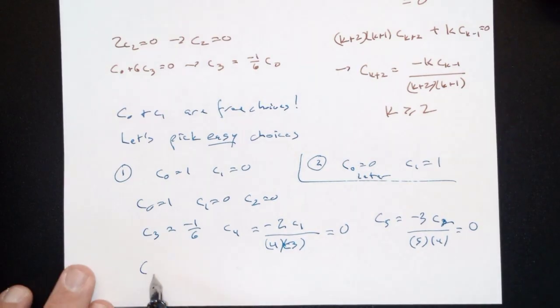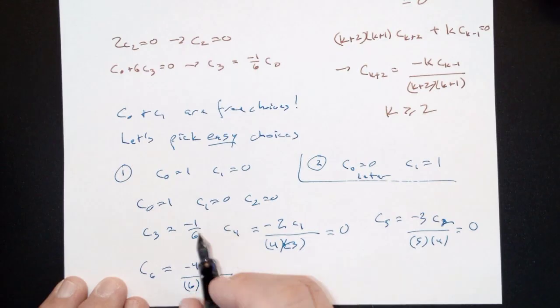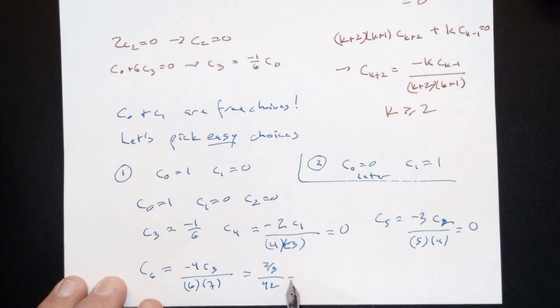What's C6? Negative 4C3 over 6 times 7, but C3 is negative 1/6, so I get 2/3 on the top and then 42 on the bottom.